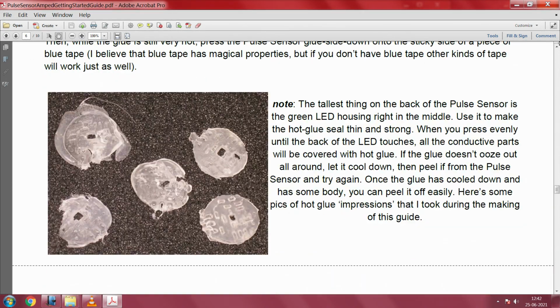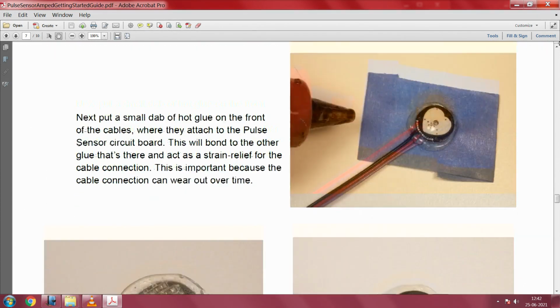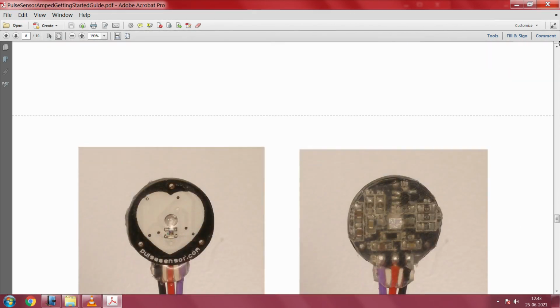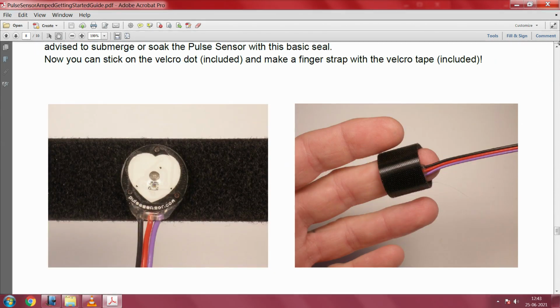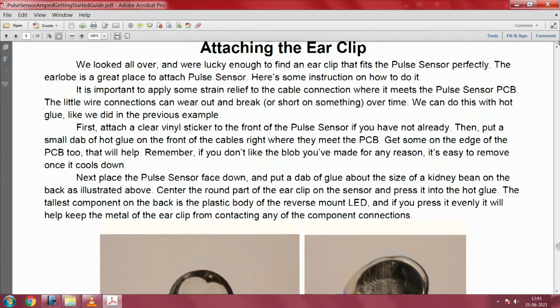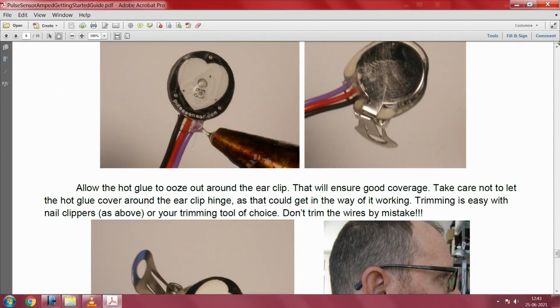So, all of this is something that you can actually do with this pulse sensor. It is not necessary that you put it only on the finger, you can also put it on the ear. So, read this document, it is freely available on the internet. See the way he has shown the instructions on how it should be clipped, with the velcro along with it, and also on the ear.